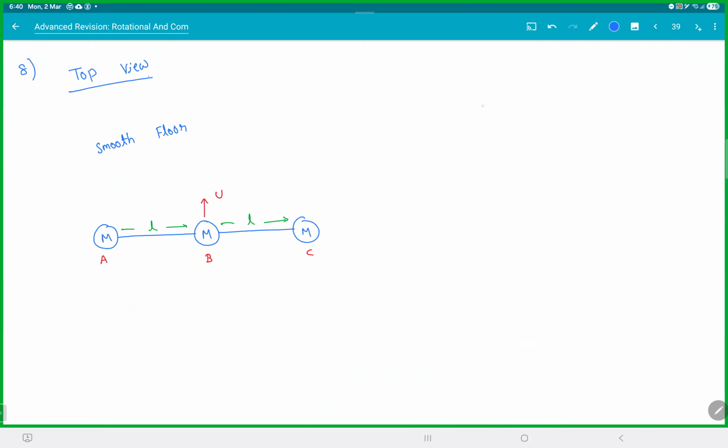So when you give the velocity u, what will happen? The middle ball will start going like this, and these 2 balls will come like this. And eventually, at some point, the system becomes like this. The balls A and C are about to collide.